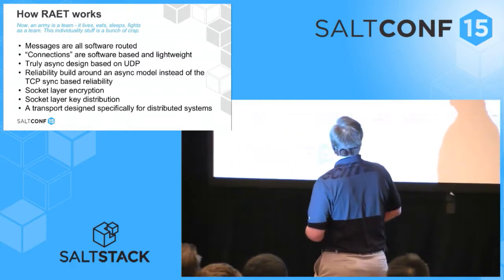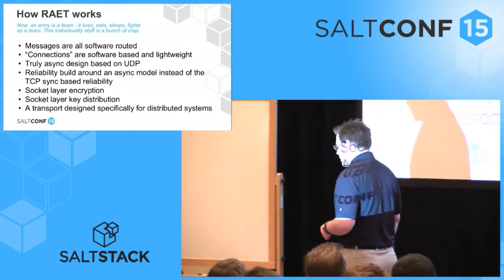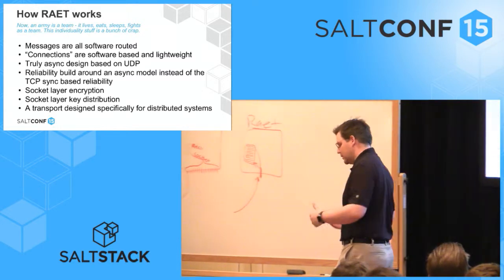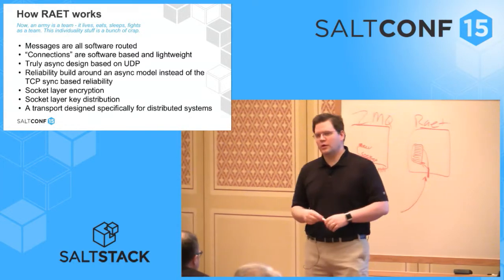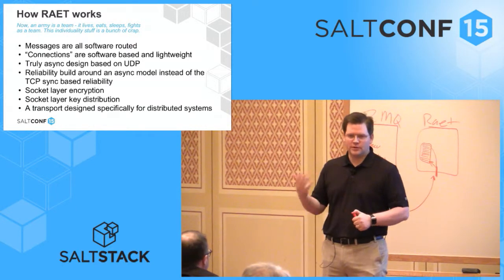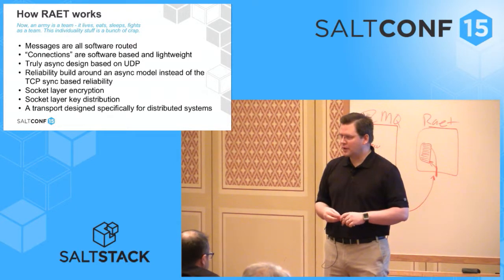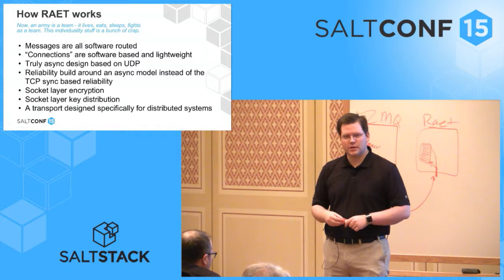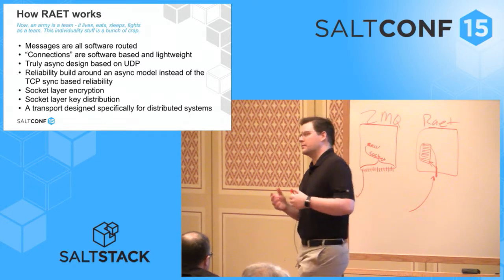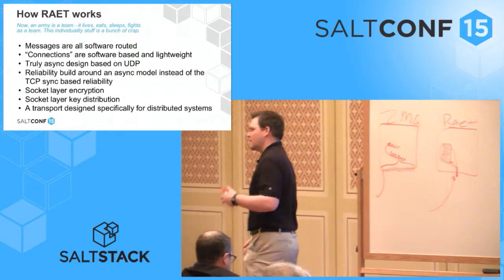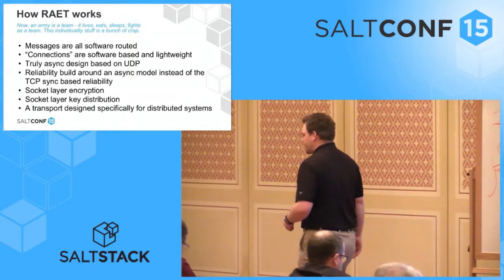So, another really nice thing about RAET, to come back on the encryption really quickly, is that one of the classic arguments with SALT had to do with the fact that SALT with ZeroMQ has application layer cryptography. And it's one of the biggest constraints that we run into from an application development perspective.